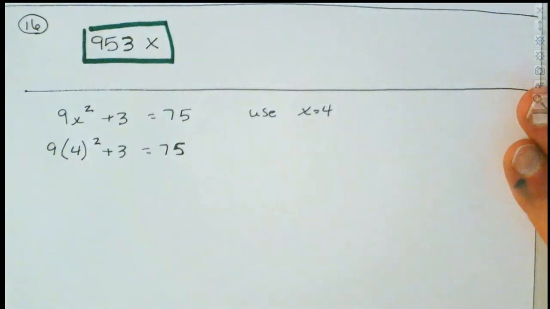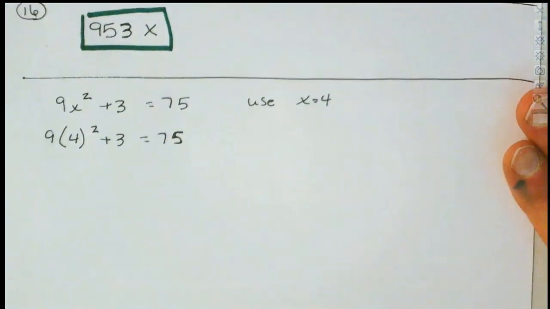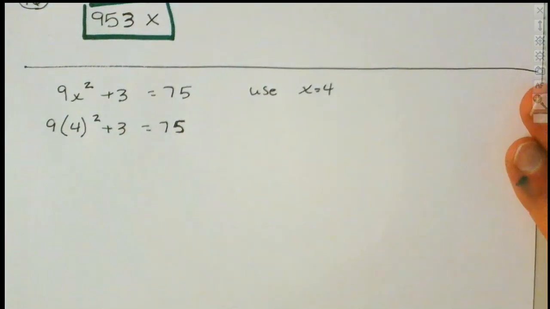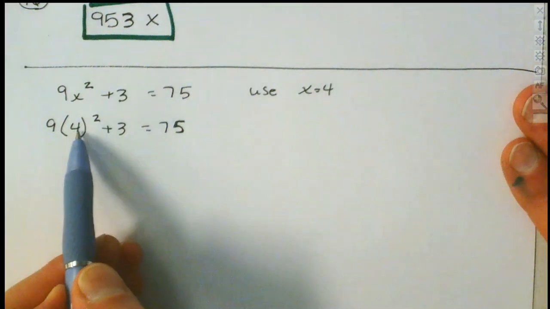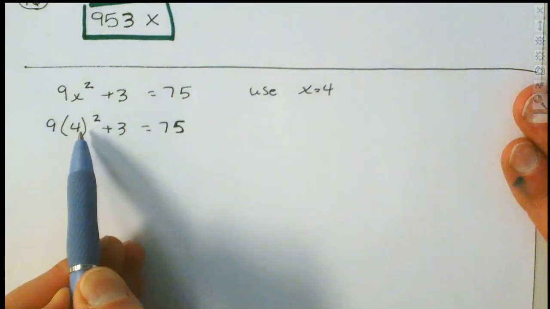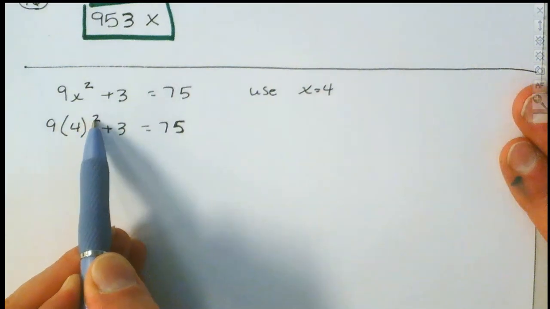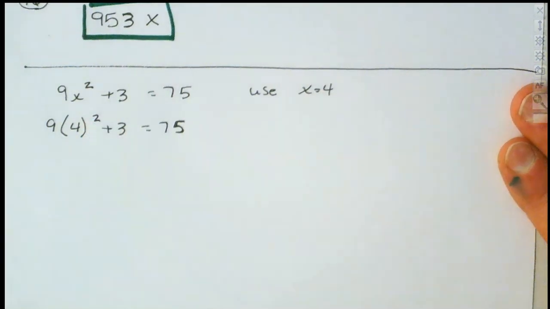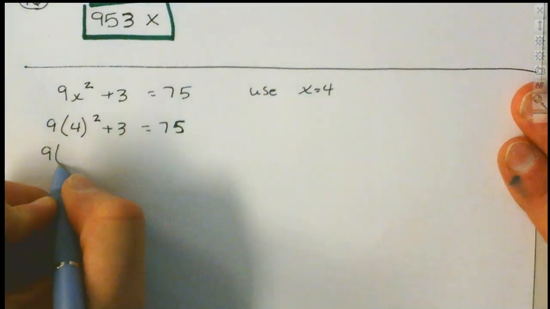So I plugged in that value of 4 there. What do we do first? What's the first thing I should do when I see this question? Okay, parentheses, and there's nothing I can do with the 4, right? So after I've done the parentheses, what's next? Exponents. And 4 squared, remember that's 4 times 4, so that is 16.